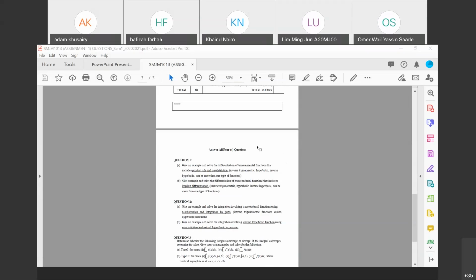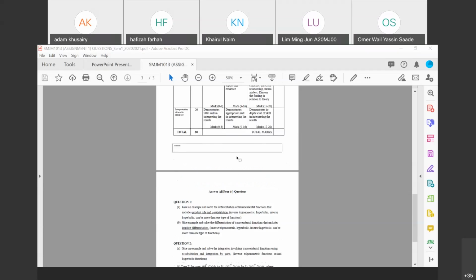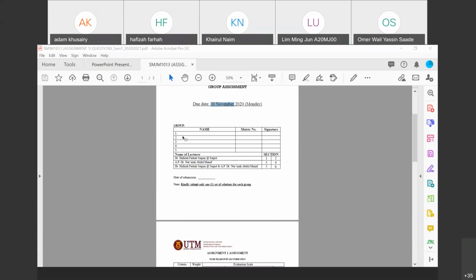Only submit one solution. Only the group leader submits, because I already know your group members, so it's not a big problem. Only one submission for each group. Submit only one set of solution for each group.